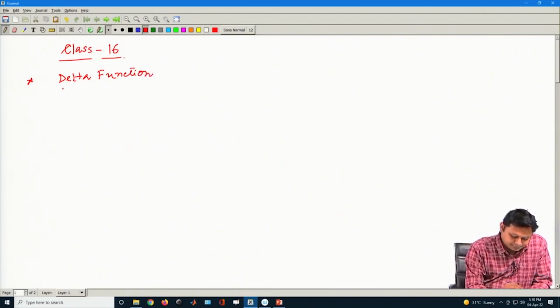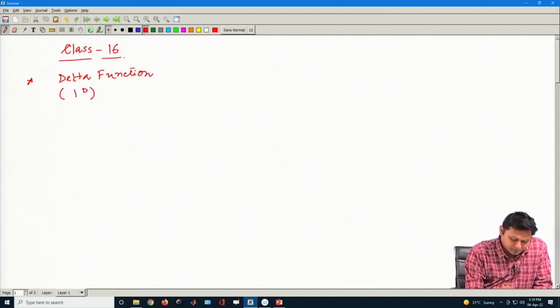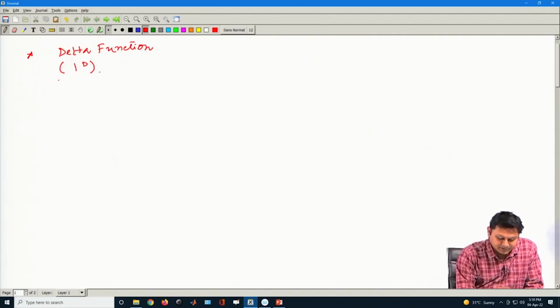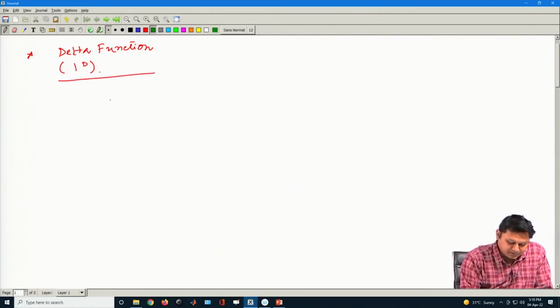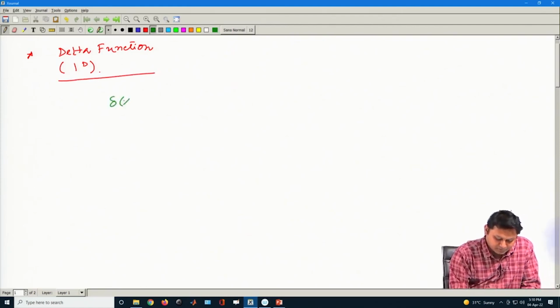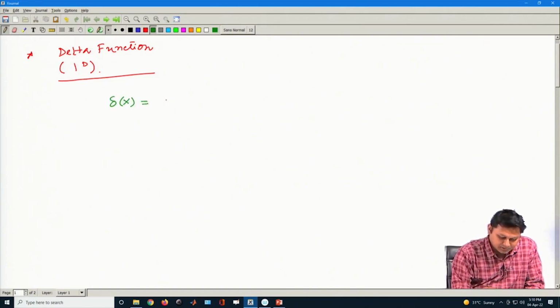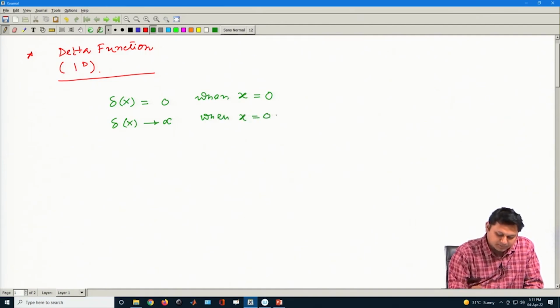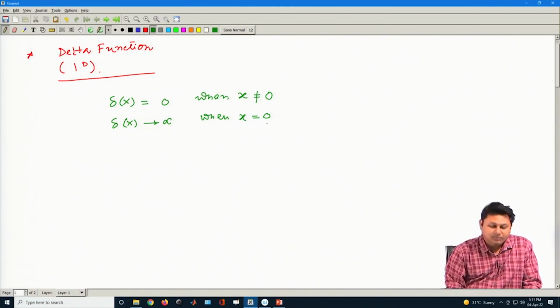In one dimension, the delta function is mathematically defined in this way: a function which is 0 when x is not equal to 0, and this function goes to infinity when x is equal to 0.